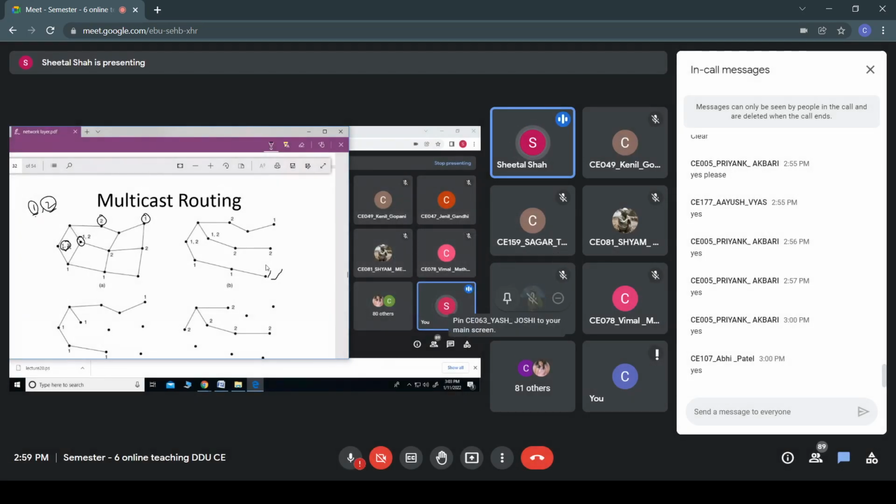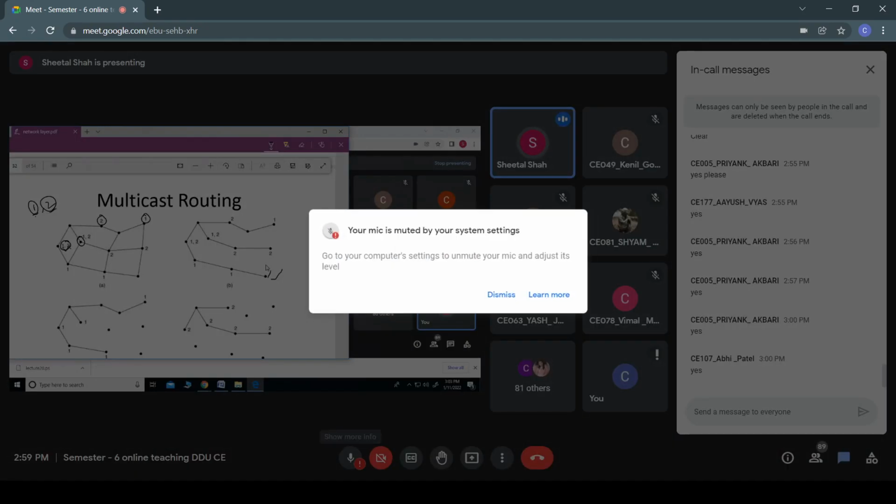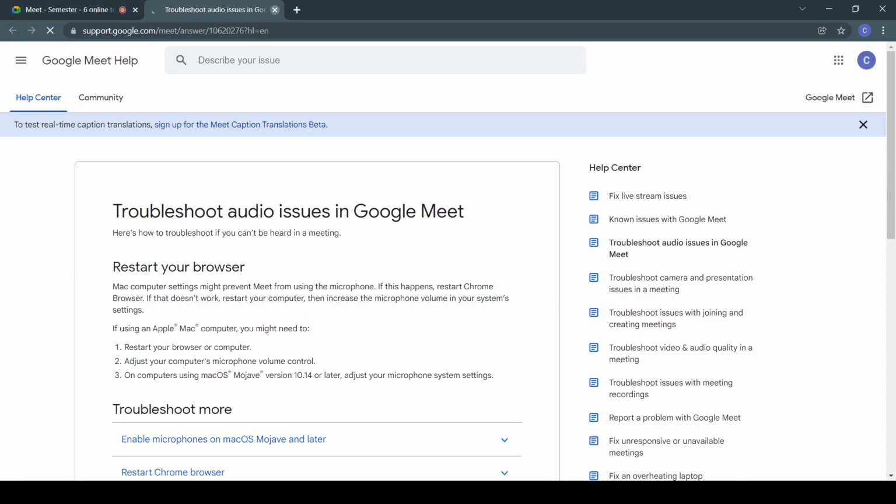Fine. So in case of multicast routing, it is a function of this multicast routing algorithm to manage even the group. Okay, so group management should also be done.